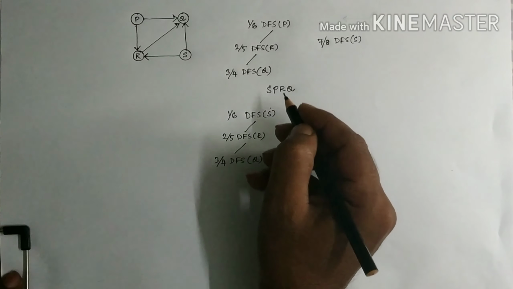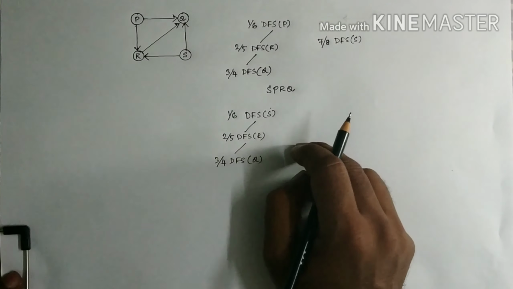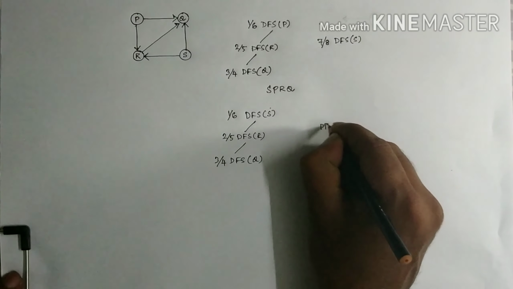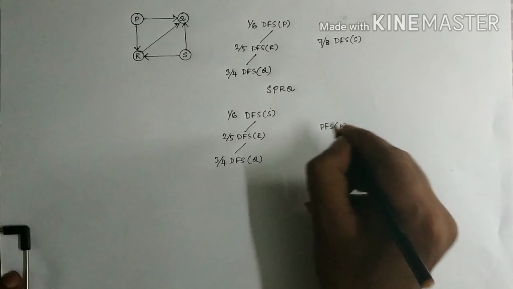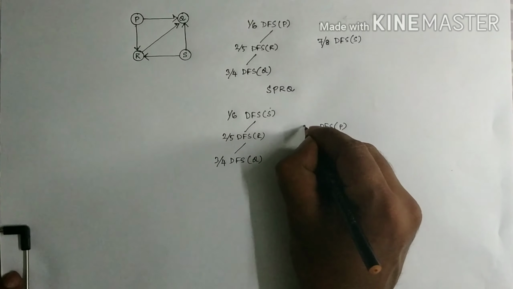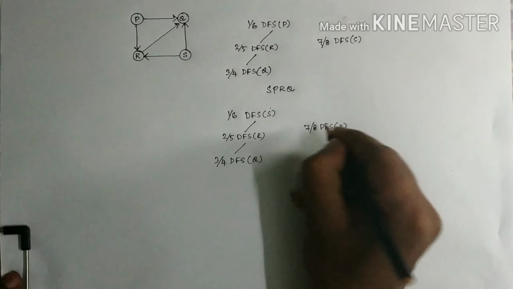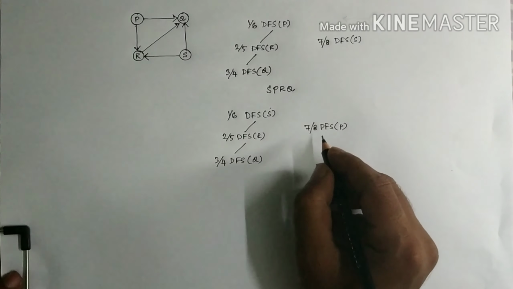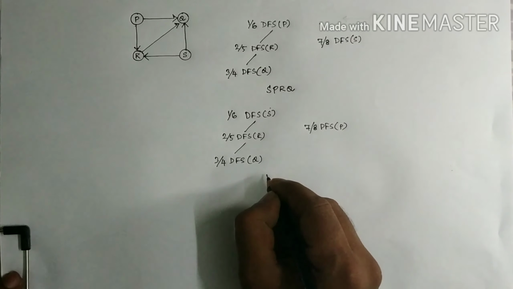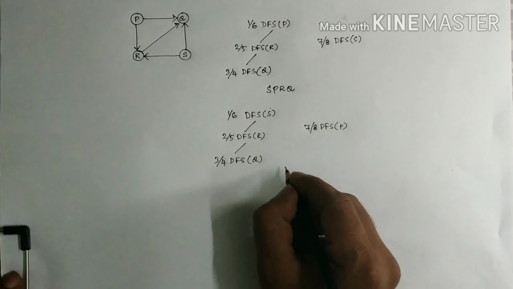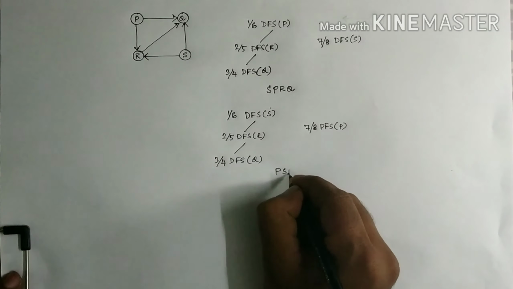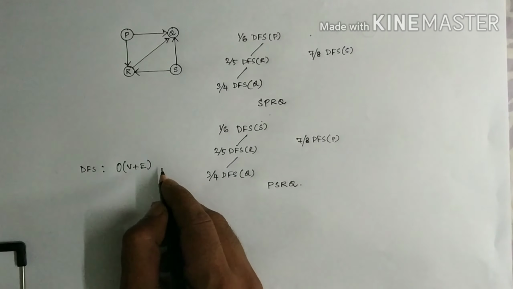Now again P is alone without any unvisited adjacent, so call DFS P. So here starting time of P is equal to 7 and finish time 8. So if you write according to descending order of finish time, then you will get the ordering P, S, R, Q.